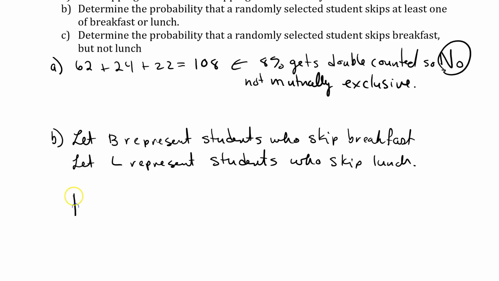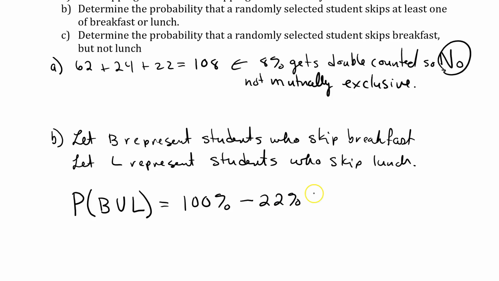So that means that the probability of skipping breakfast or lunch is 100%, so that represents 100% of the students, minus 22% who skip neither. 100% minus 22% is 78%.